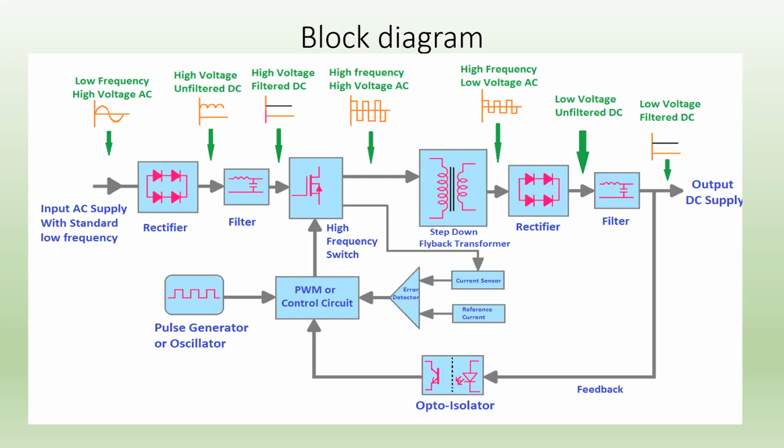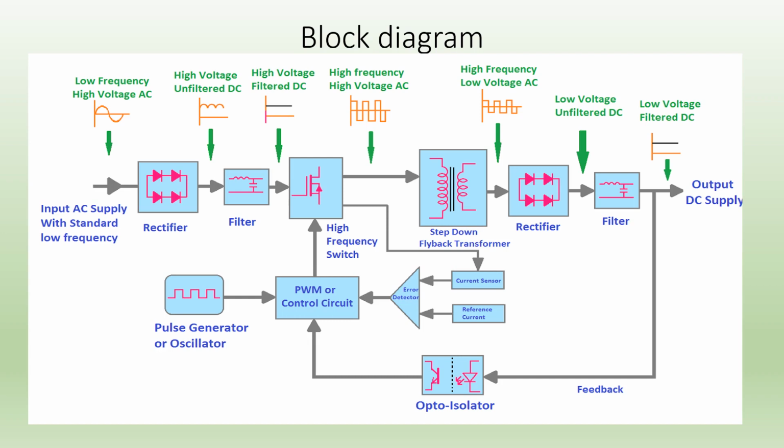Here is the block diagram of SMPS. So first block is your input stage. The AC input signal is given directly to the rectifier and then passed to the filter circuit to reduce the ripple content. This unregulated DC is given to the control switching section.